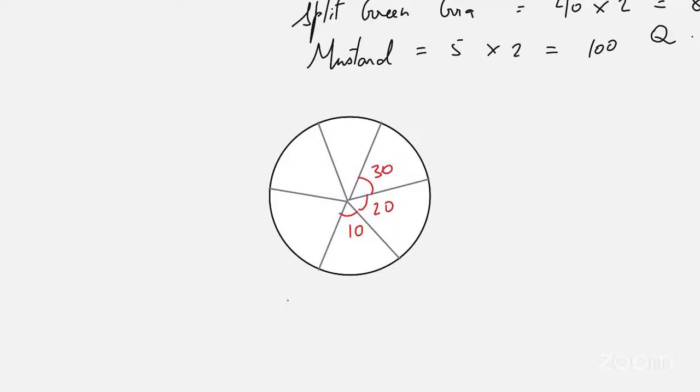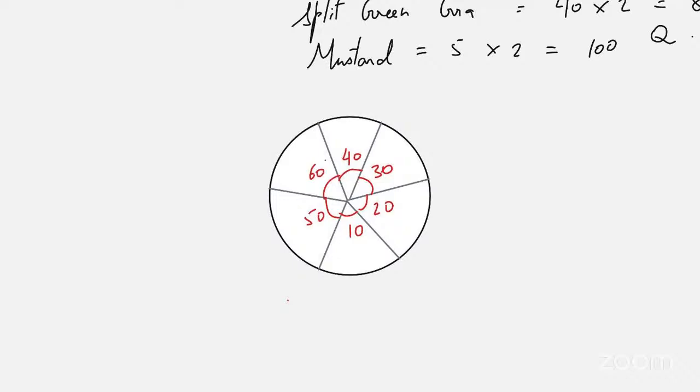Oh, I divided into 6 parts accidentally. Now, if this is 10, 20, 30, 10, 40, 50, and 60, for example.